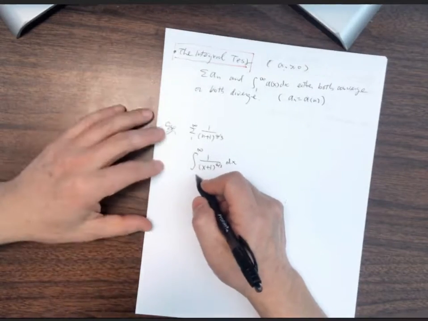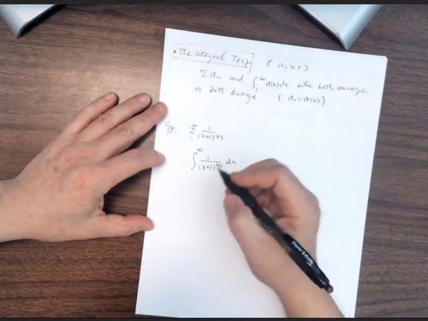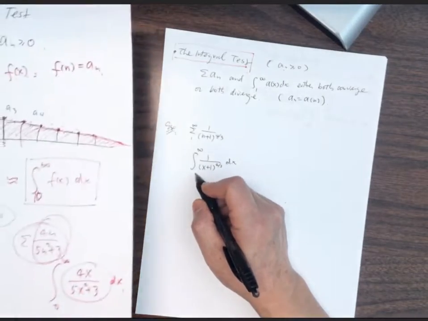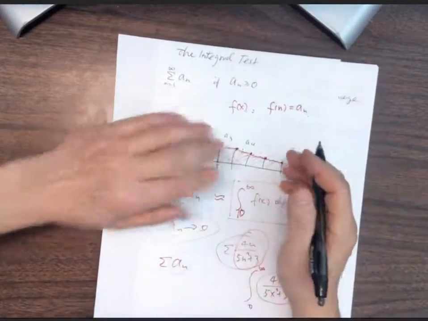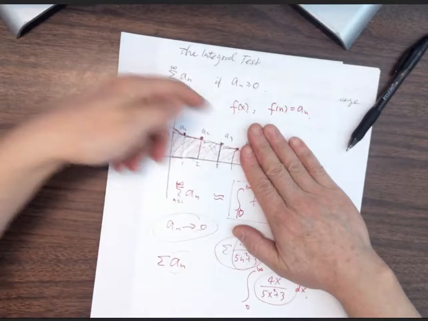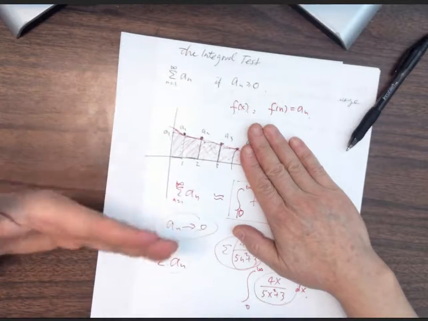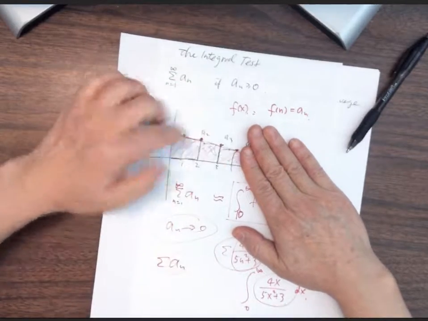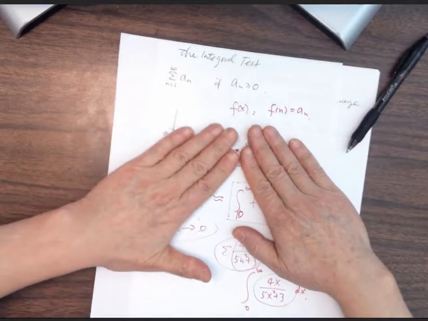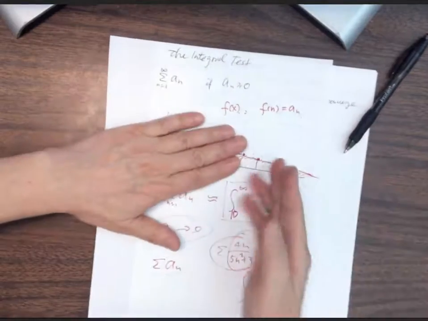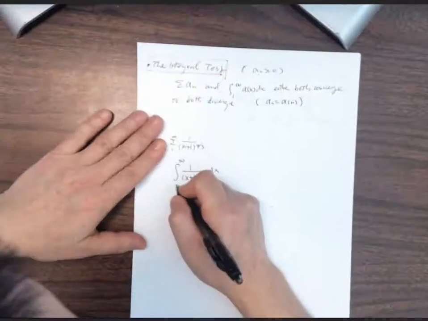We can choose any number: 1, 10, or 100, because a different number would only mean, like in our graph, that we're checking this part. Whatever we're not checking will not matter at all as far as convergence or divergence is concerned, because this part, no matter how many terms are added up, is always a finite number. So that's another fact about convergence and divergence of the whole thing: it's the tail that's going to matter. Here we just start from 4.